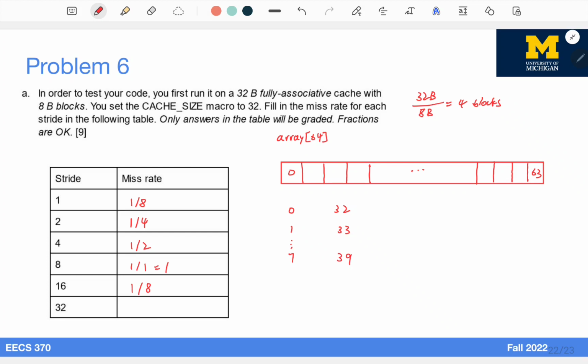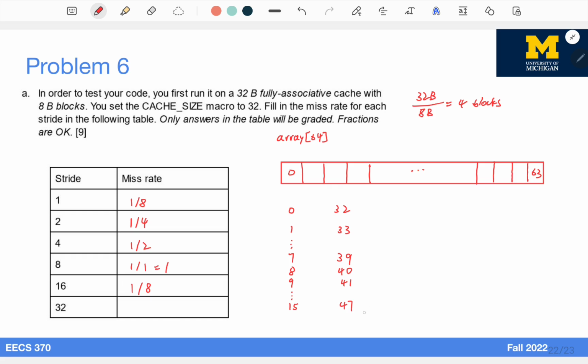39. Okay, and then we will have an inner loop starting at 8, also coming with 40, and 9 with 41, and it keeps going until the inner loop starting at 15, with 47.